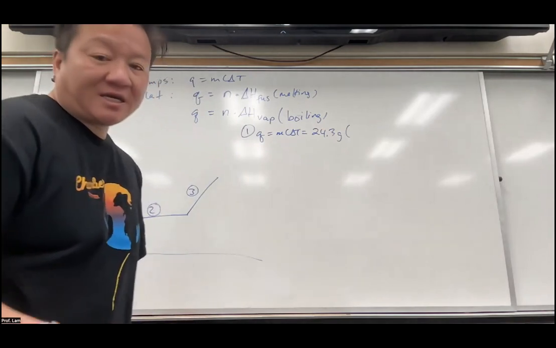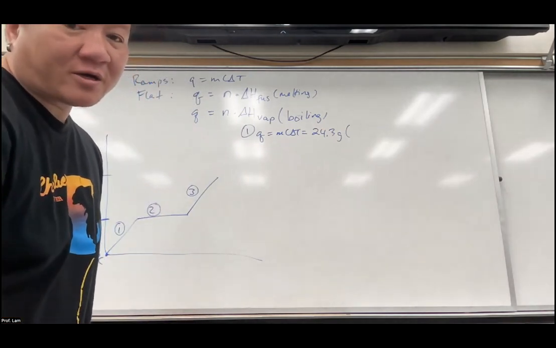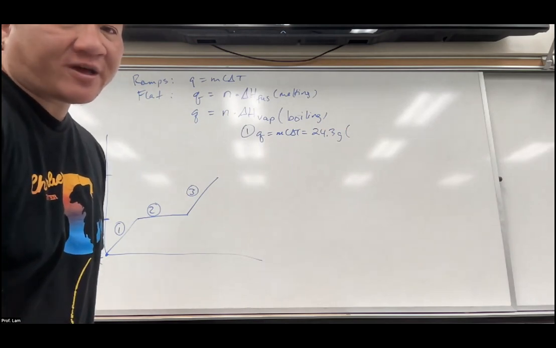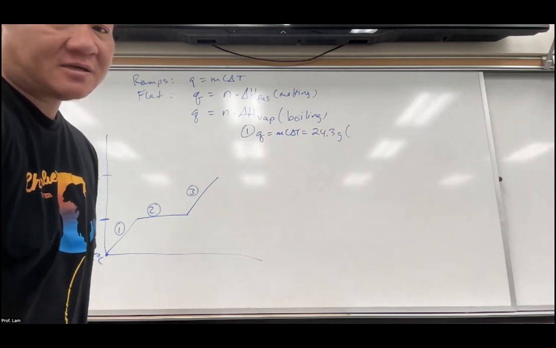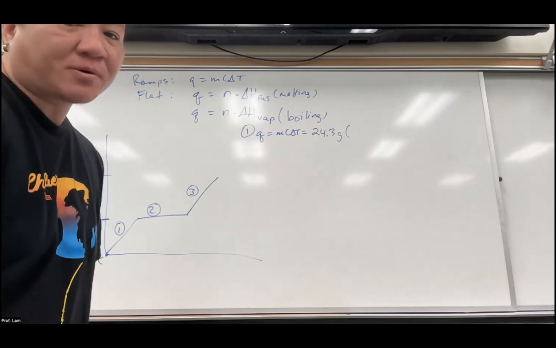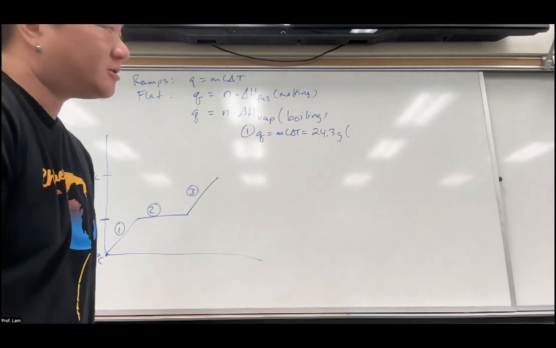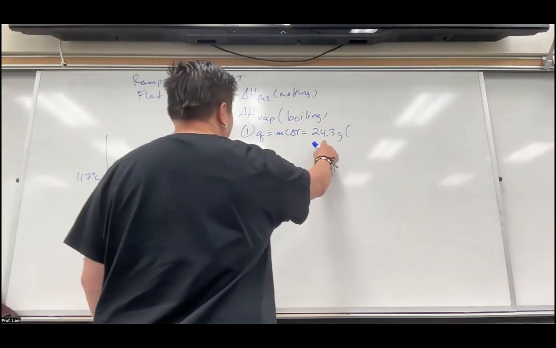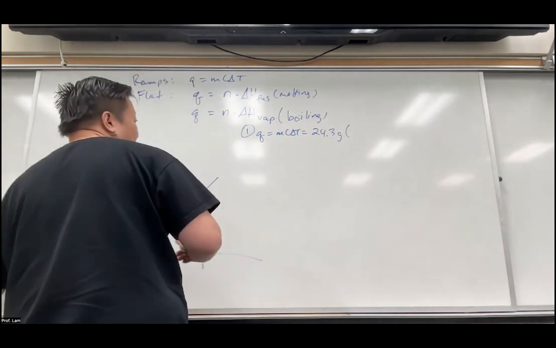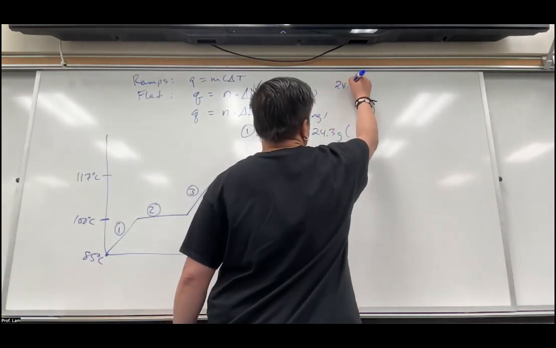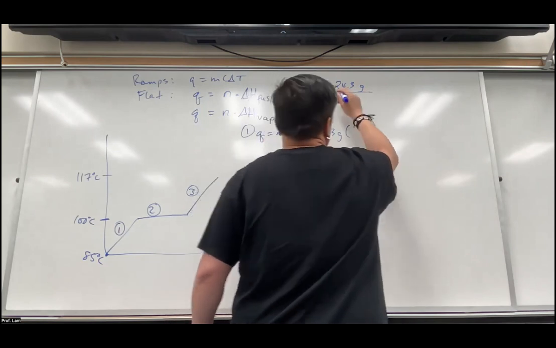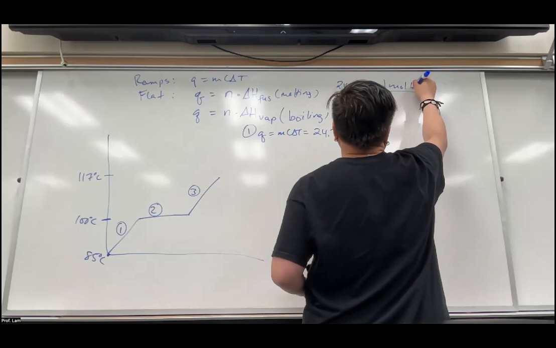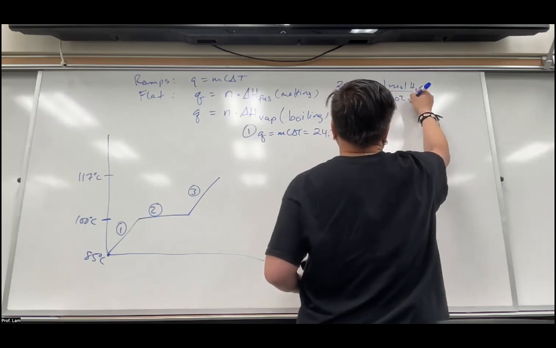What is the specific heat of water? Oh, I see that the specific heat of water in the liquid phase is 75.4 joules per mole per degree Celsius. Shoot, it's joules per mole. So I have to take my 24.3 grams and turn it into moles. So I have to go, 1 mole of water is 18.02 grams.